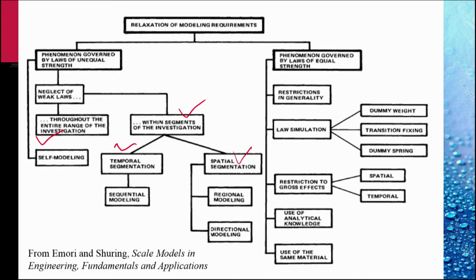We could simulate the law by using dummy weights, by using dummy springs, or by fixing transition. Some of the techniques we will discuss later. We could also adopt restriction of the gross effects, spatial or temporal. And of course, the always available technique of use of analytical knowledge.